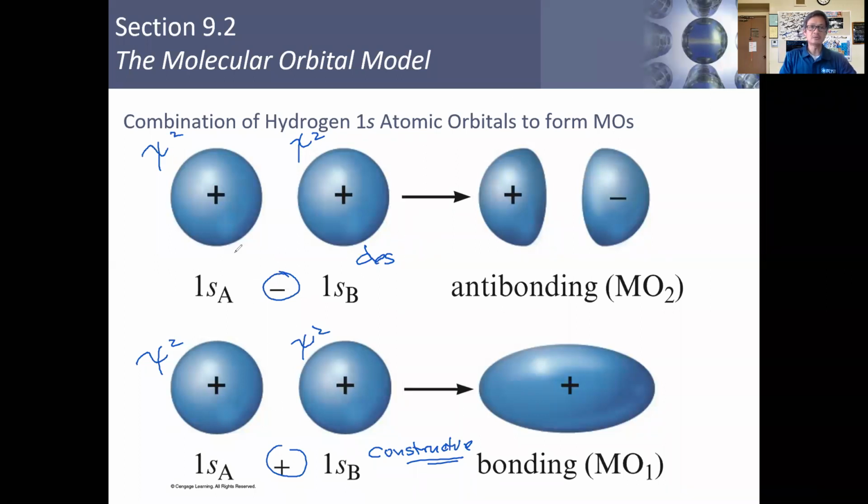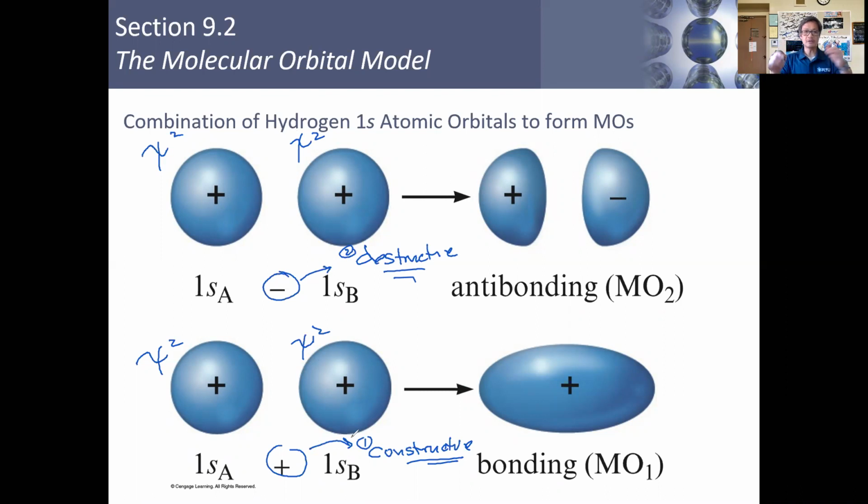These orbitals are treated as waves, so they can interact and interfere with each other, either in a constructive manner or in a destructive manner. That's what this means here: destructive versus constructive.